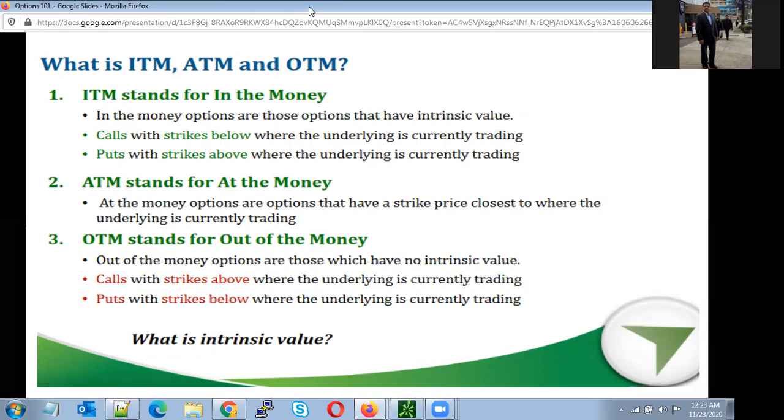There are monthly, weekly, and quarterly contracts, and mostly all contracts expire on Friday. Monthly contracts expire on the third Friday of the month. Mostly we deal in the monthly contract because it is less volatile; the weekly contract is a little bit more volatile.